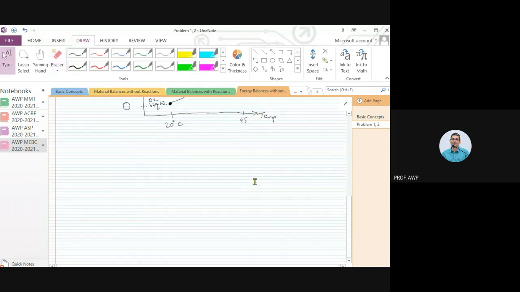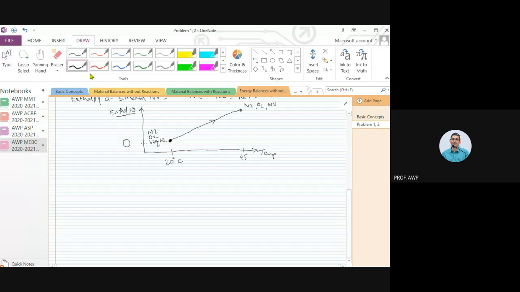Sir, can you repeat it once? I am saying enthalpy change. Let's say this is point number A and point number B. What is the enthalpy change from A to B?